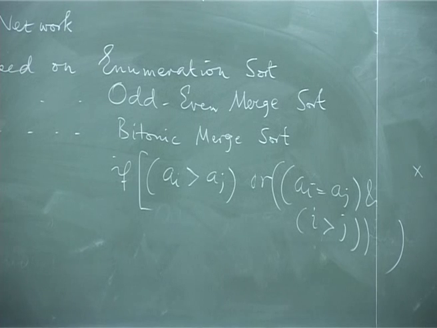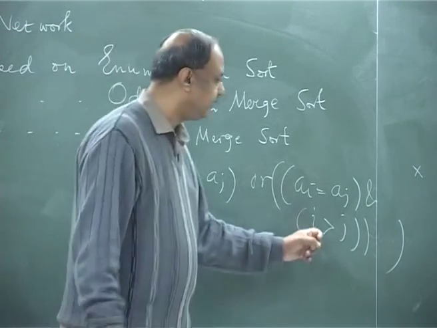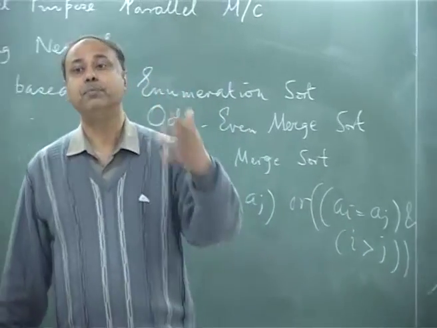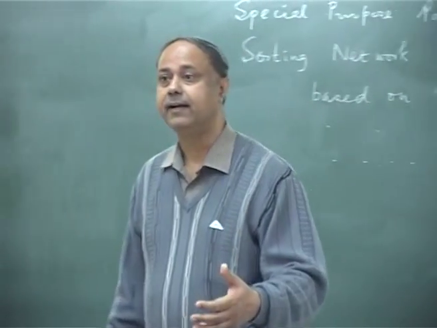If you find the ith element is greater than the jth element at index j, then you increase the rank. Okay? So this gives you the guarantee that the first occurred element has the lower rank than the next occurred element.